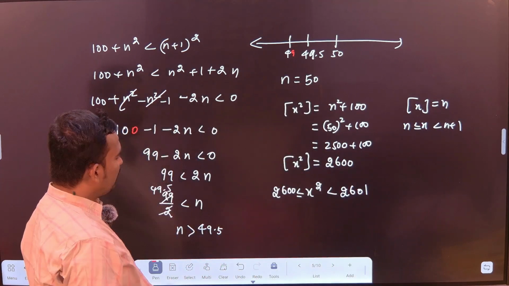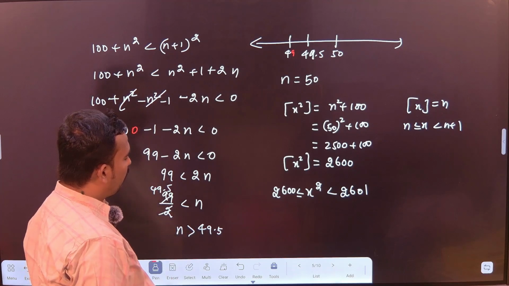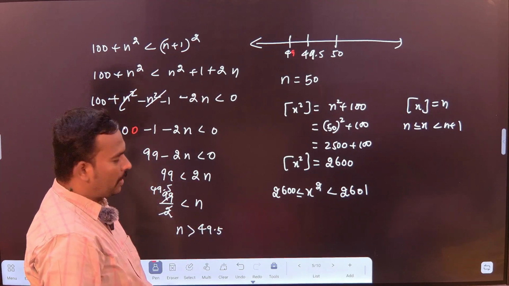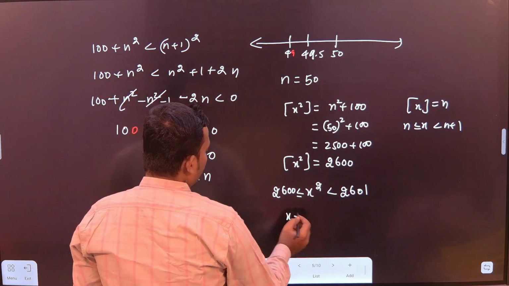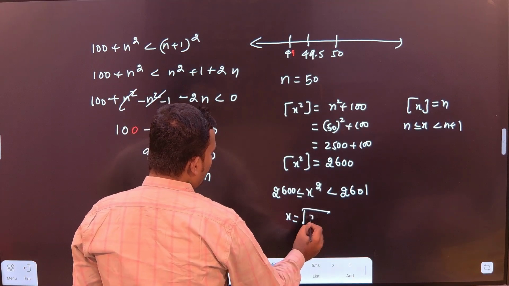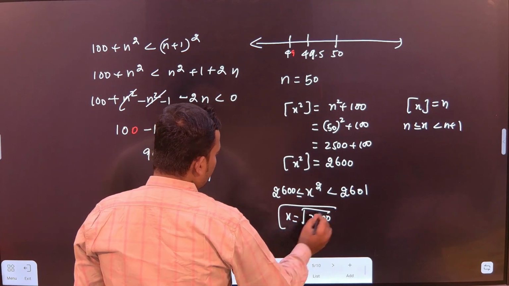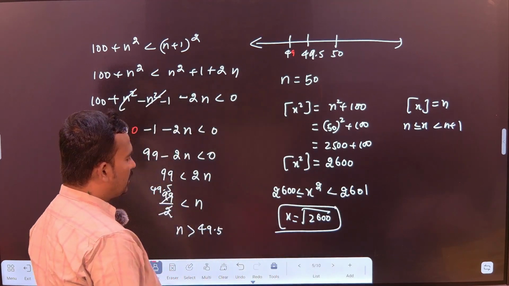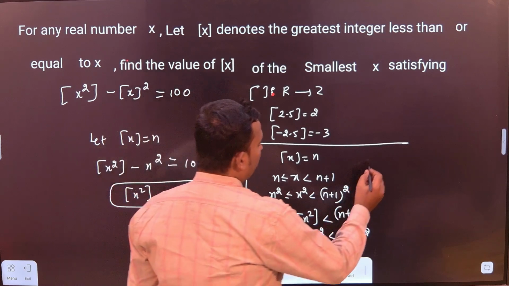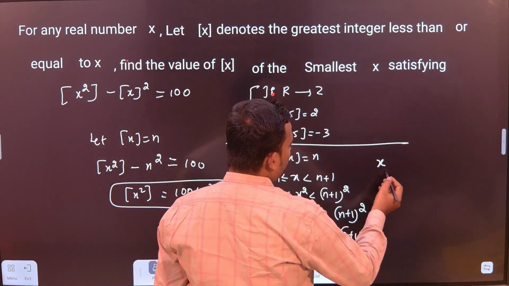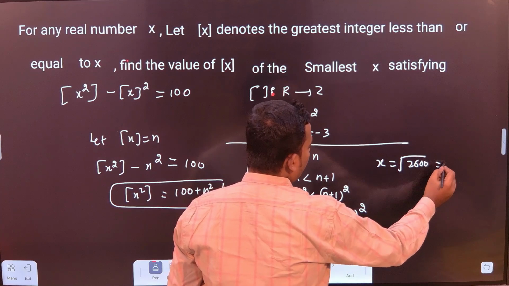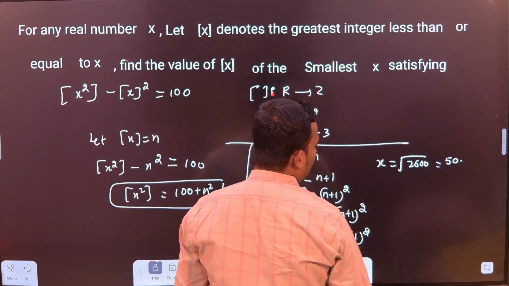Okay. So then what is the suitable x value possible here? You can see x will be the square root of, so you can include this one, no? Only x equal to square root of 2600 is possible, right? So the square root of 2600, that is 50 point something will come, right?